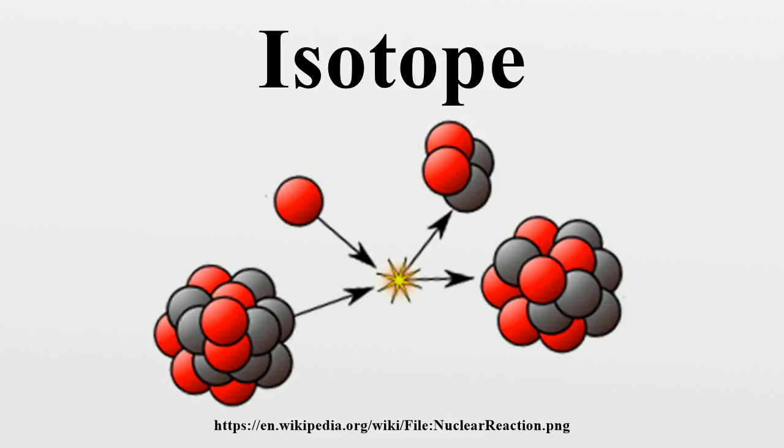Atomic nuclei consist of protons and neutrons bound together by the residual strong force. Because protons are positively charged, they repel each other. Neutrons, which are electrically neutral, stabilize the nucleus in two ways.